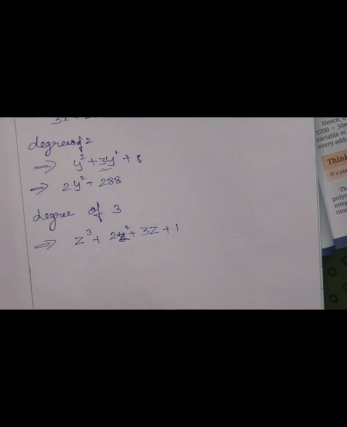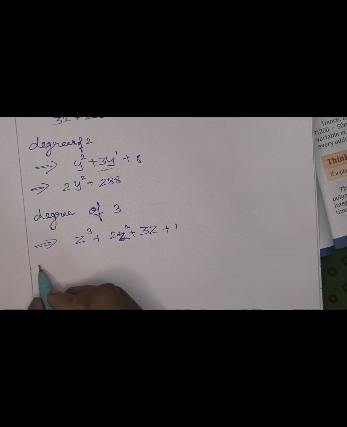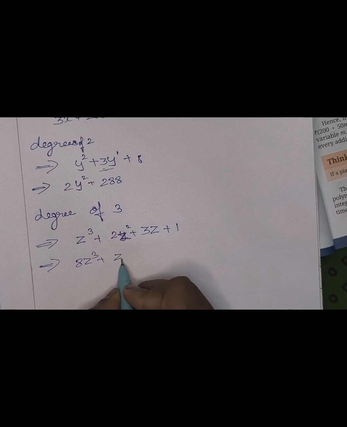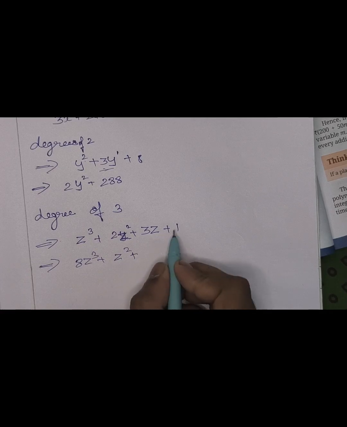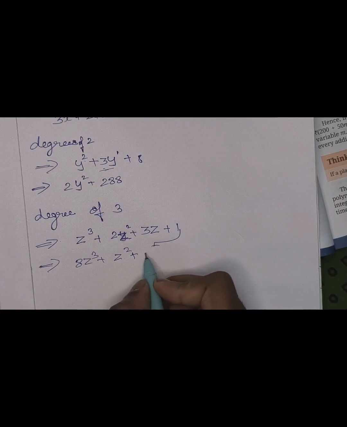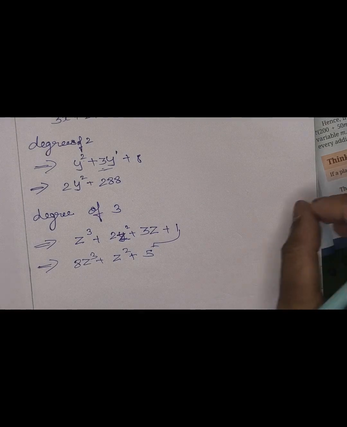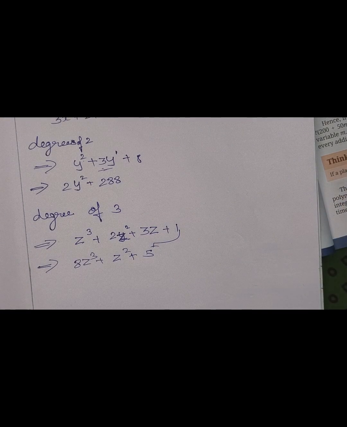This is a degree of 3, right? I shall write another example, 8z cube plus z square plus, after that I shall write directly any term. This is also a polynomial equation only, friends. Every answer is correct. Infinite answers are correct for this question, but you just want to see the power, the highest power.